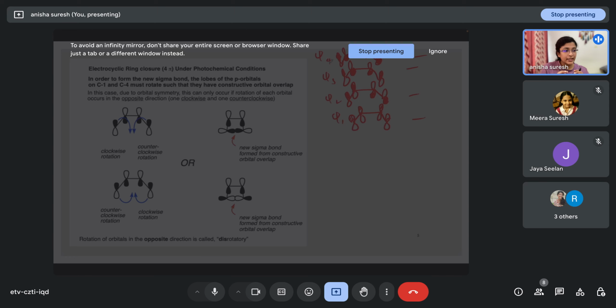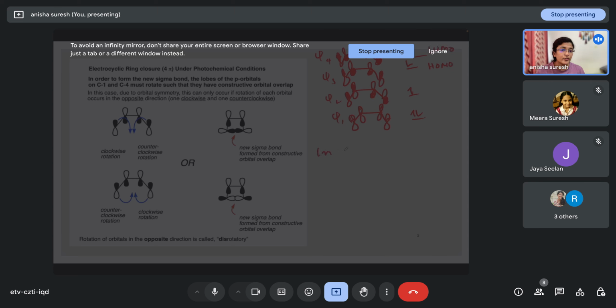So, in photochemical condition, that is under the irradiation of light, the electrons that were previously occupied at psi 2 will excite and go to the psi 3 FMO. So here now this will be the HOMO and psi 4 will be the LUMO.